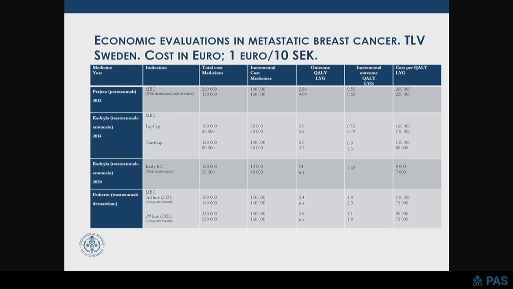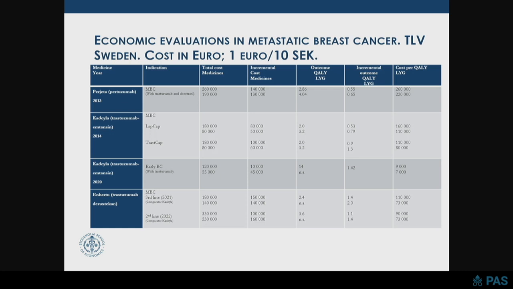But we also see that a significant part of the gain from the new drugs is reductions in cost of using the old drugs. If we look at the estimates of cost effectiveness, which are now done by the reimbursement agencies in Sweden as the basis for prices, all of the estimates say that there's very high uncertainty.